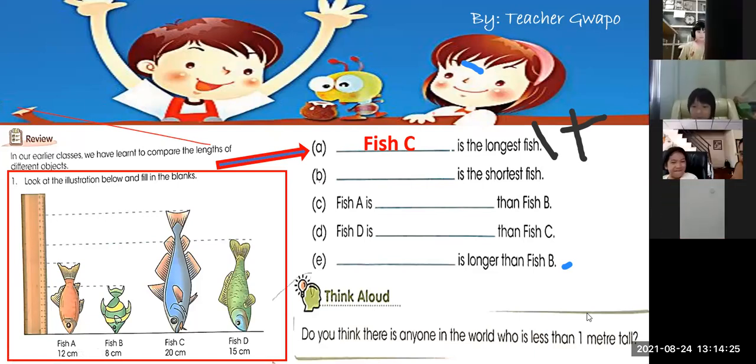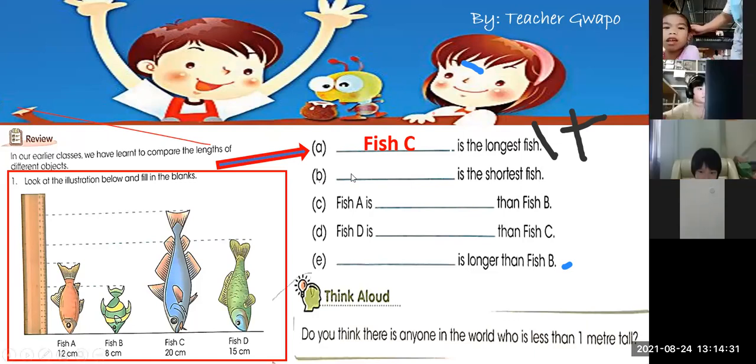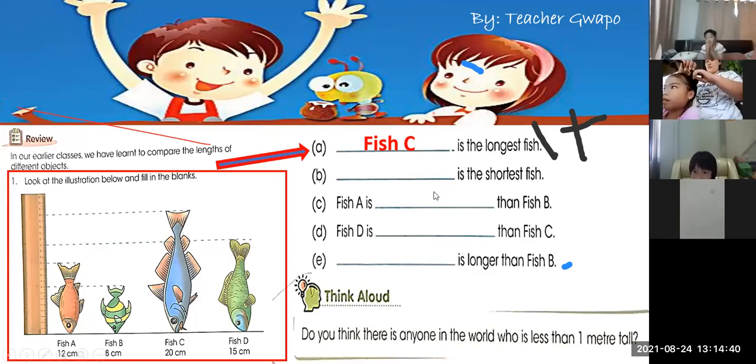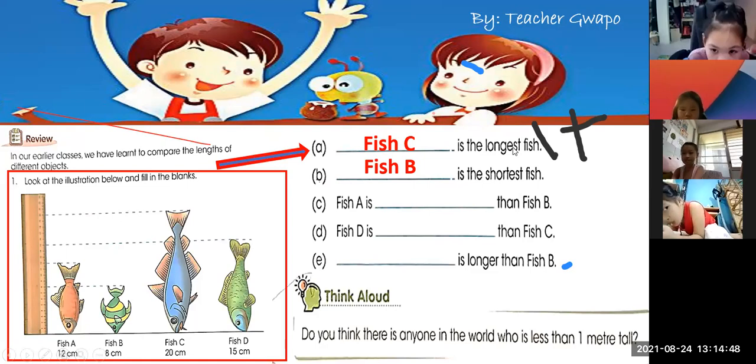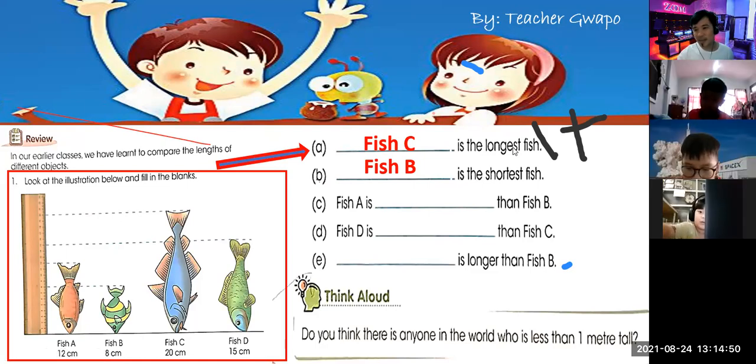Pertat is here, number 36. Pertat, can you tell me your answer, letter B? The shortest fish. Fish B. It's correct. Very good. Thank you.